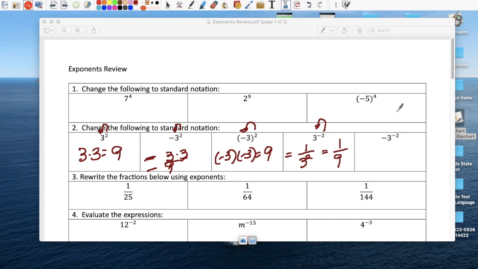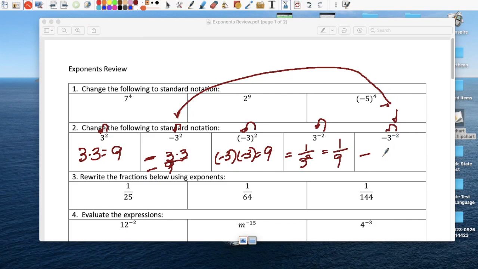Okay. Now this problem here and this problem here are very similar in the way you are going to deal with this problem right here. So what's being raised to the -2nd power is just the 3. Let me put that minus sign to the side there, and then do 3 to the -2nd power.